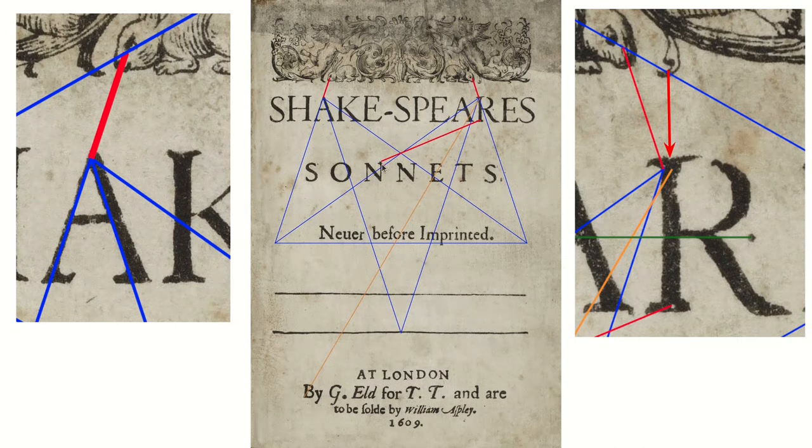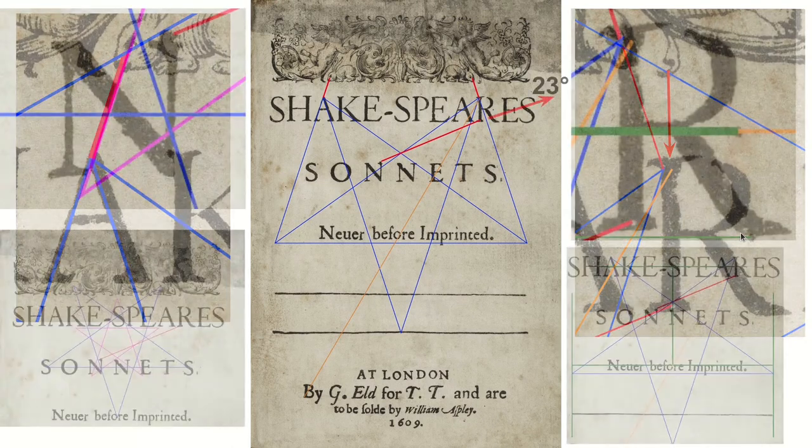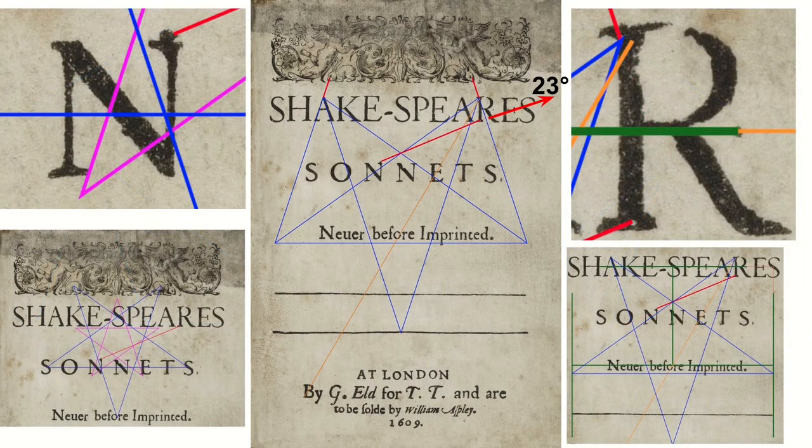We've got this red line here, which we need to explain, and I think that is a manicule up here, and that he's pointing down to it, and we've got our tau cross that beautifully is terminated there. So let's just have a look at how we make this red line here.